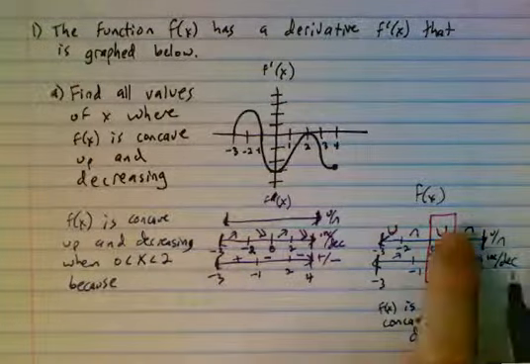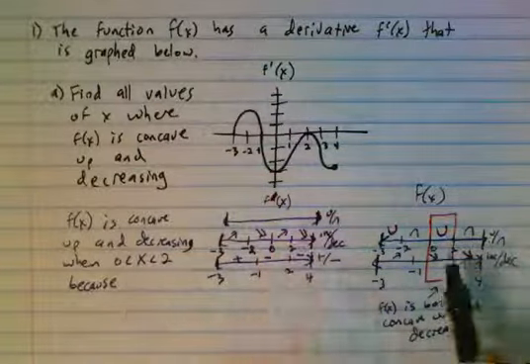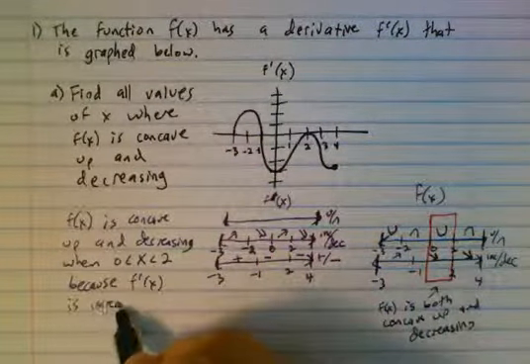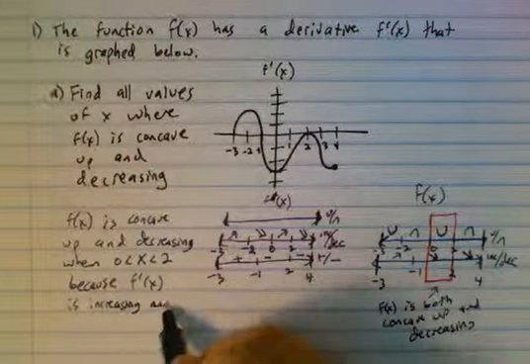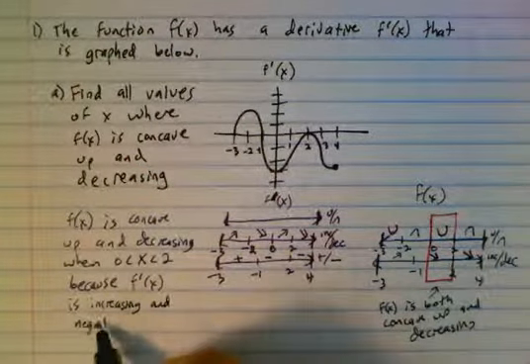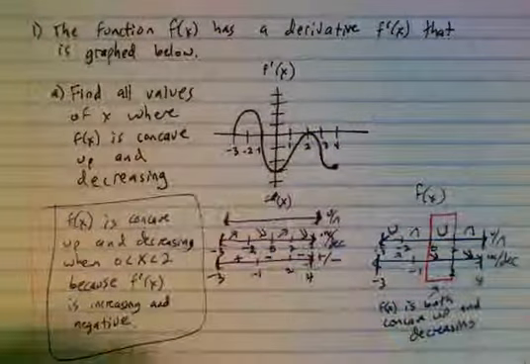And we know that that's the case because f prime of x is increasing and negative. And there's our answer.